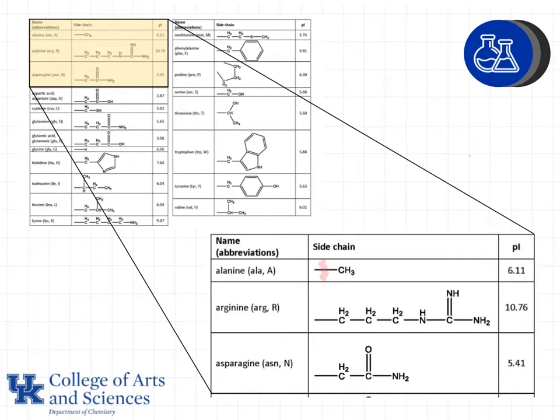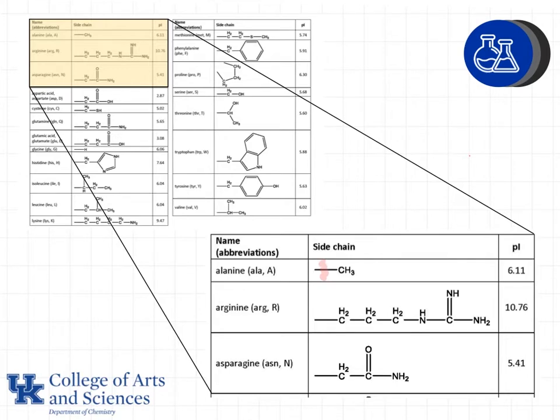And then we have the pI values on the right. Every amino acid has its own pI value, and that value represents the pH at which the zwitterion is present. If we're not at that pH, then it doesn't exist as a zwitterion, and we'll talk in a second about how we know how it exists.